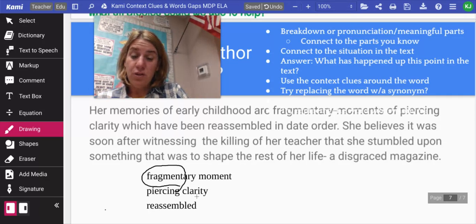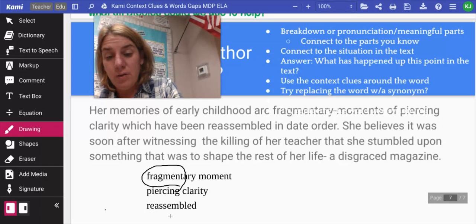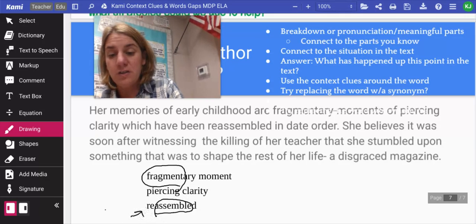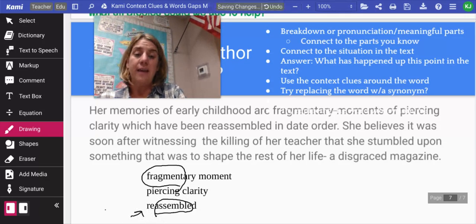But I do know the word clarity is clearing. So now I have to think of why would something that's clear be piercing? But I'll go back in the context. Lastly, I have the word reassembled. Well, I know assemble means to put together, so it just means to put together again.